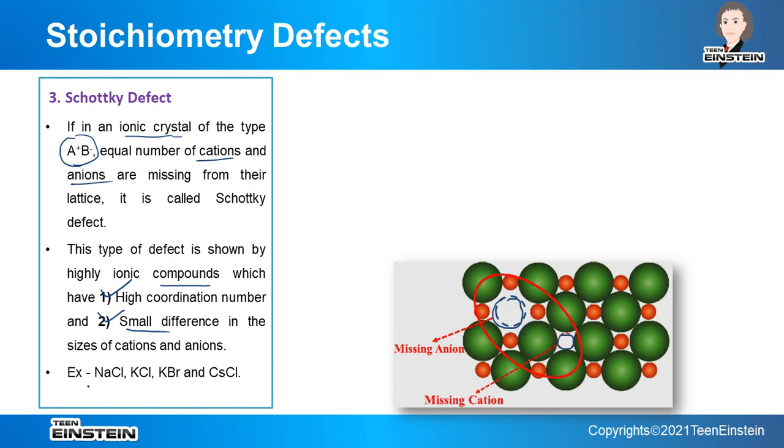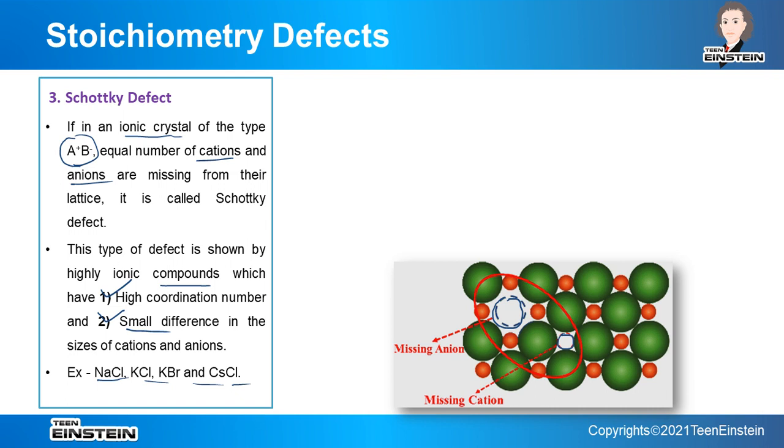So for example, if you take all these solids, here the size of cation and anion are not varying largely, and coordination number is also very high, that is, void space will be less.